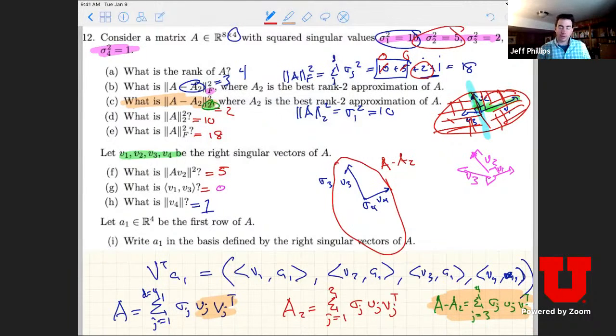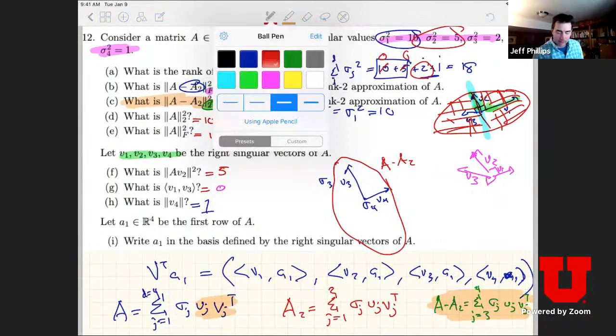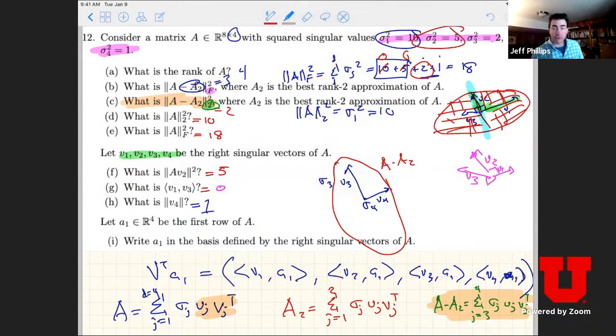We only have this component left, and what the spectral norm is asking for is any one direction which maximizes this, and that one direction is V3, right? If you remember from this question, the squared norm of A in the direction V2 was 5.